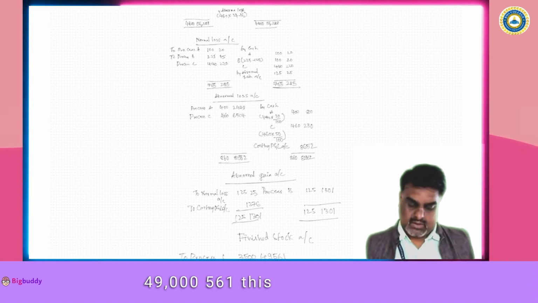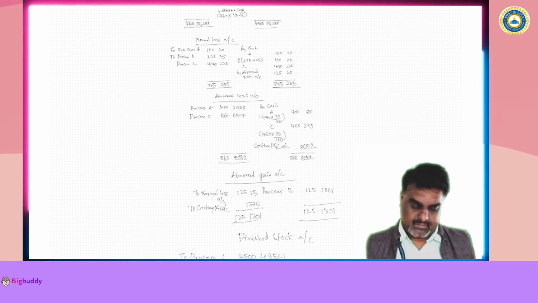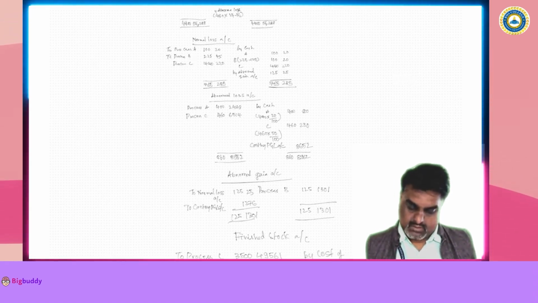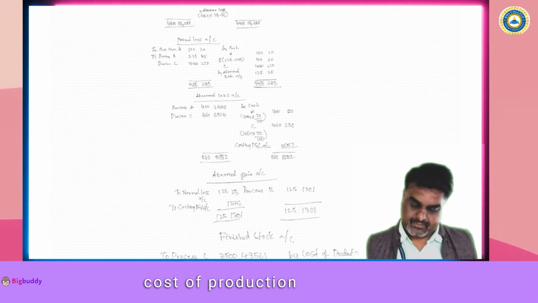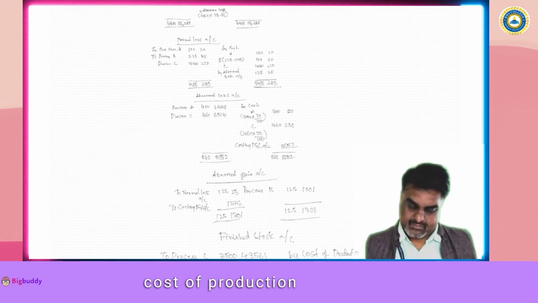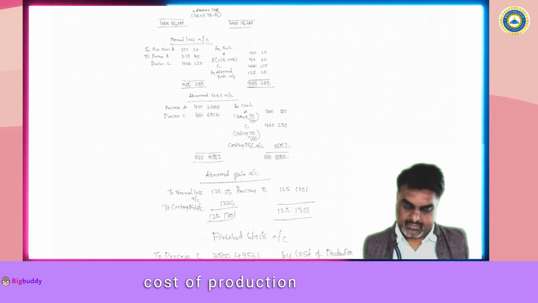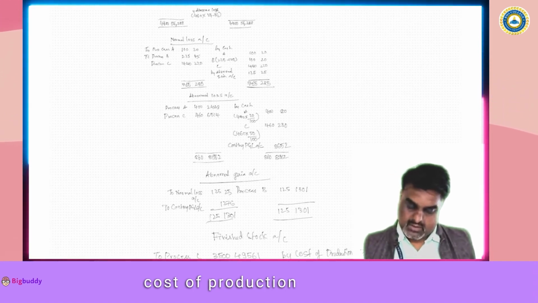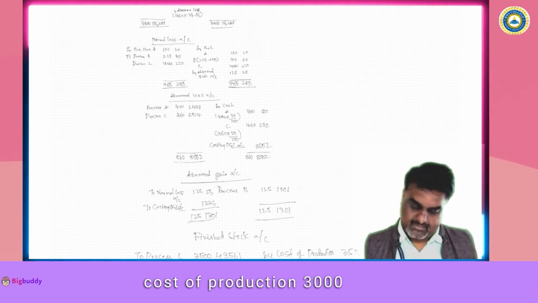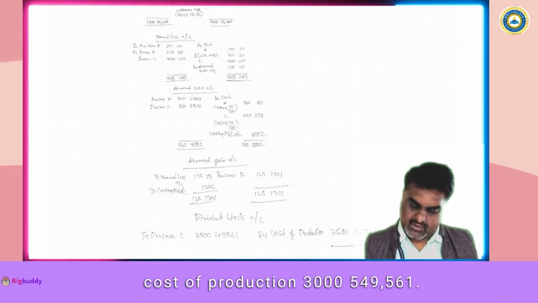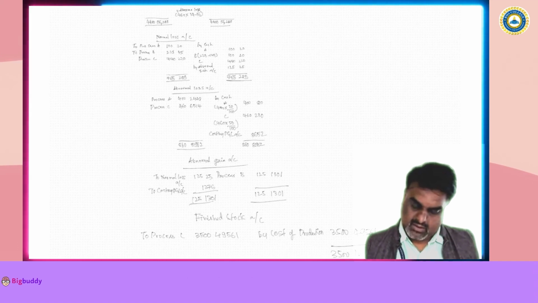This write down as by cost of production. So 3,500, 49,561.